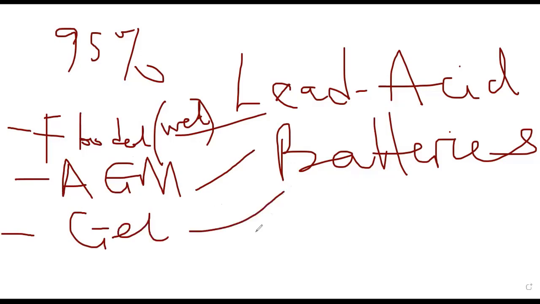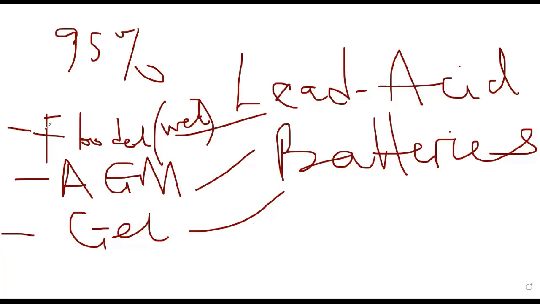You also have the gel battery. So this is a function of the electrolyte in them. You have the flooded battery, you have the AGM, and you have the gel battery, a function of the electrolyte composition.